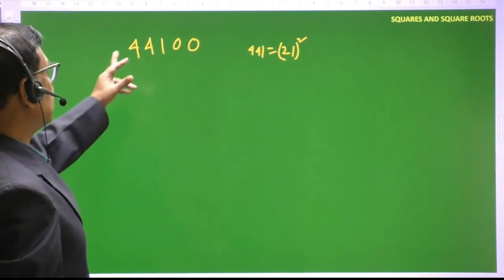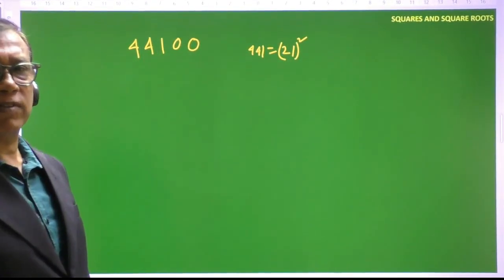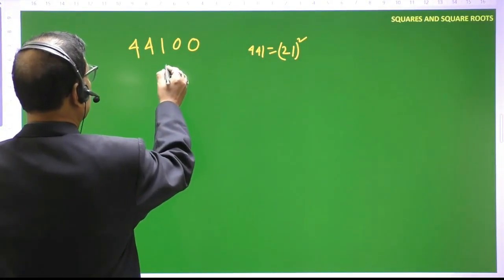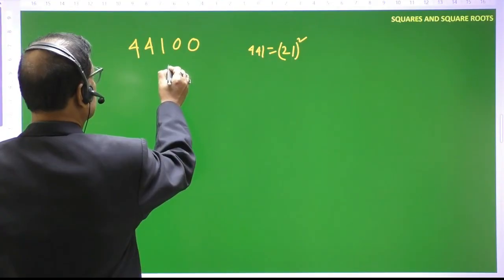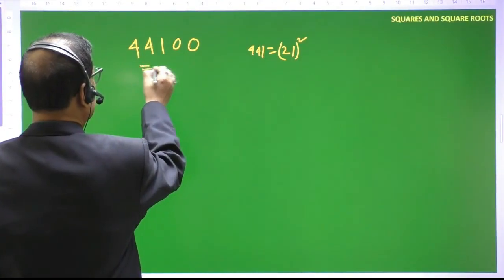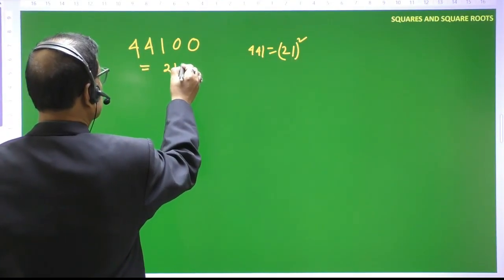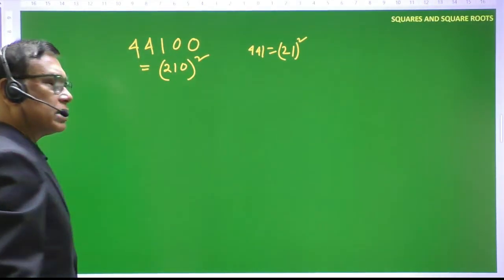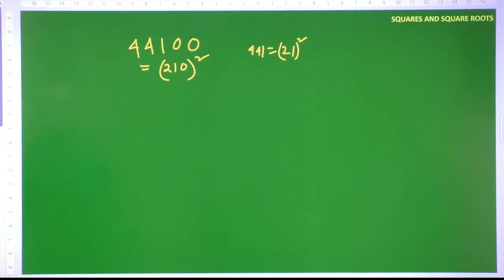So that means the whole number is a perfect square. Yes, this number is a perfect square. Is it clear? So this number we can write as 210 whole square. So that means this number is a perfect square.